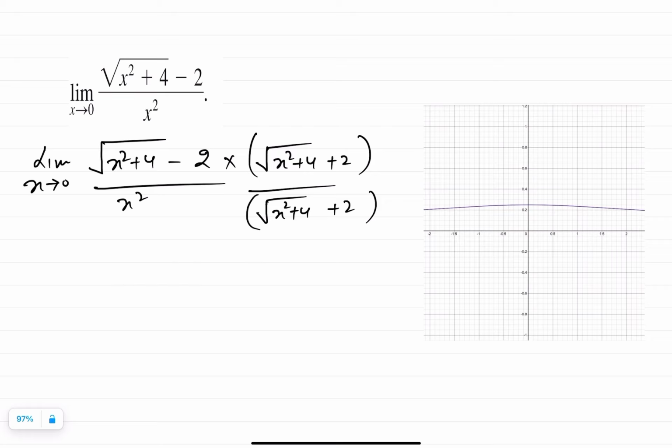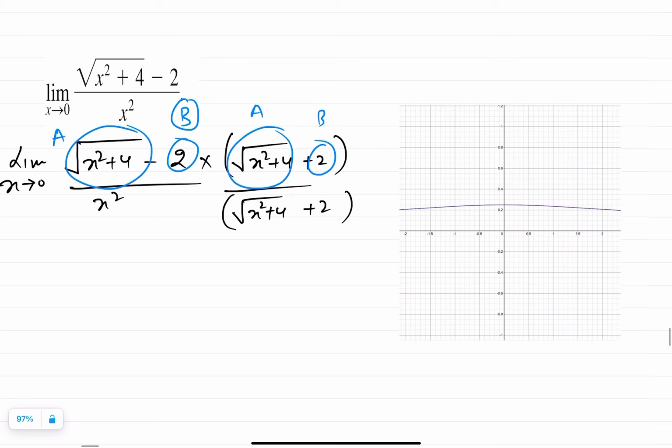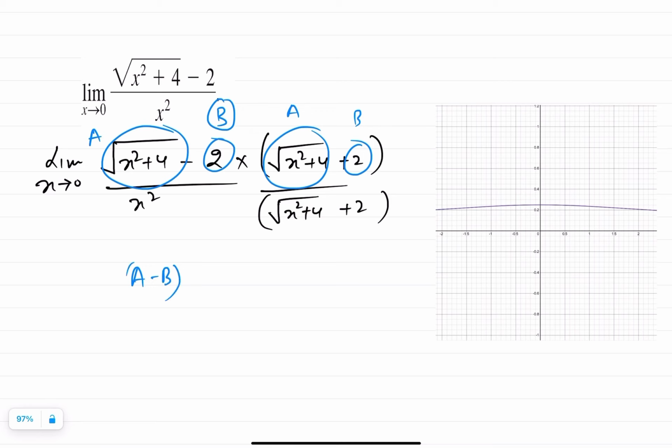So this is a, this is b, this is a, this is b. So it is in the form of a minus b, a plus b. That is, the result will be a squared minus b squared.